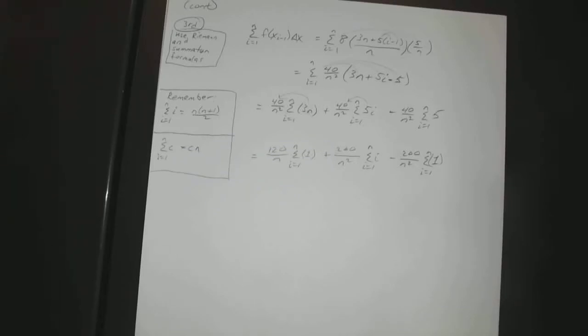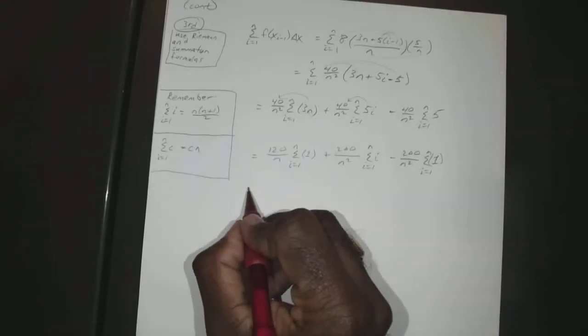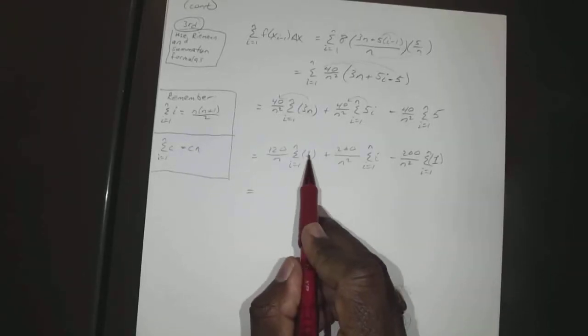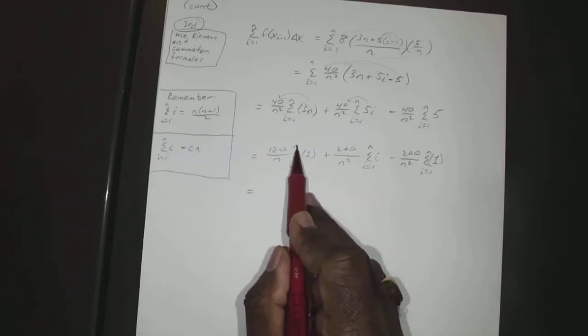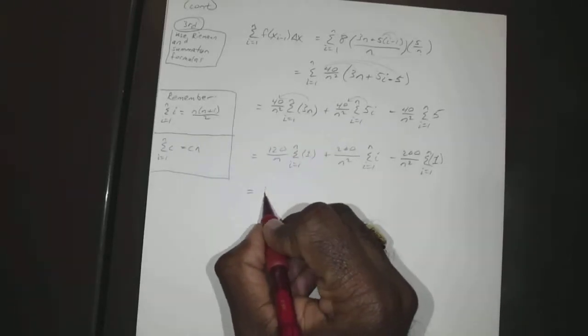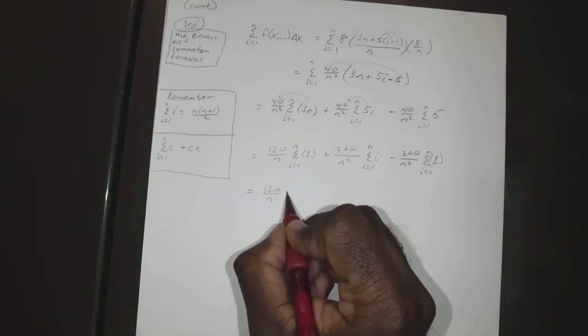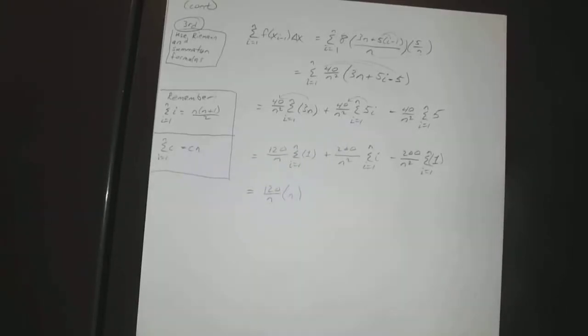Is everything else factored over? All right. So we know the sum of a constant is just that constant times n. So this gives us 120 over n times n, or n times 1. Okay.